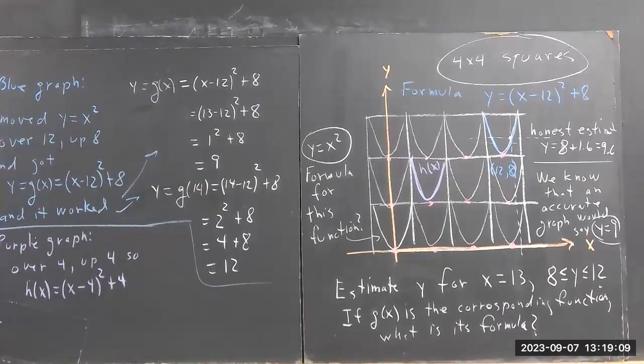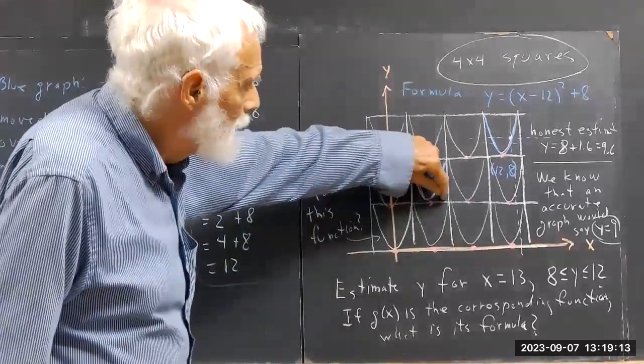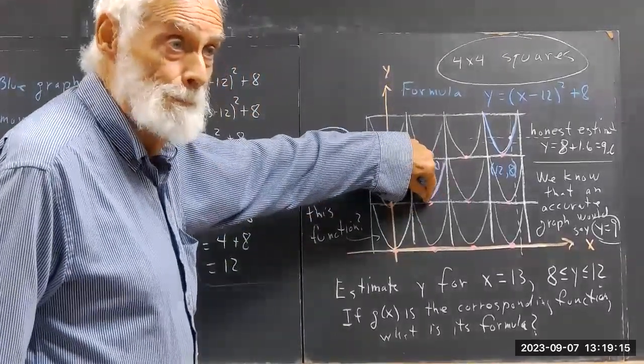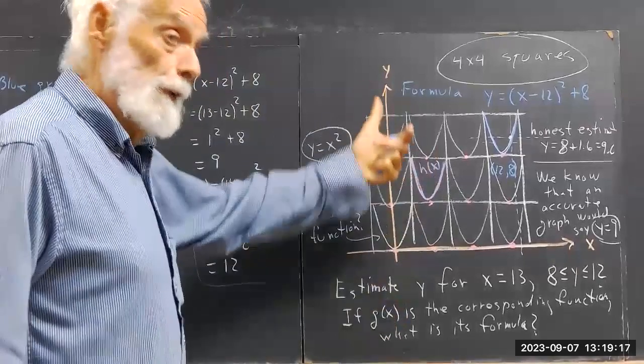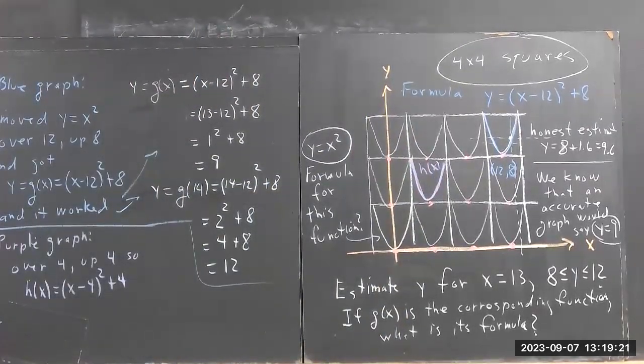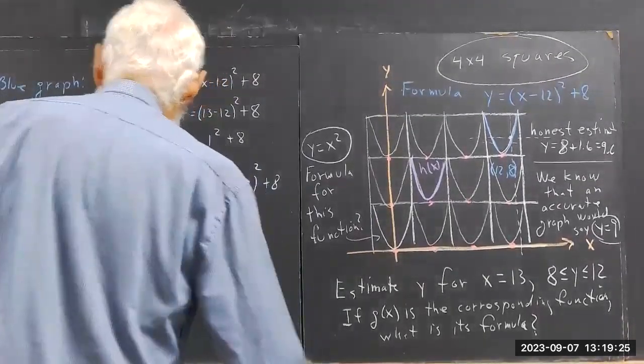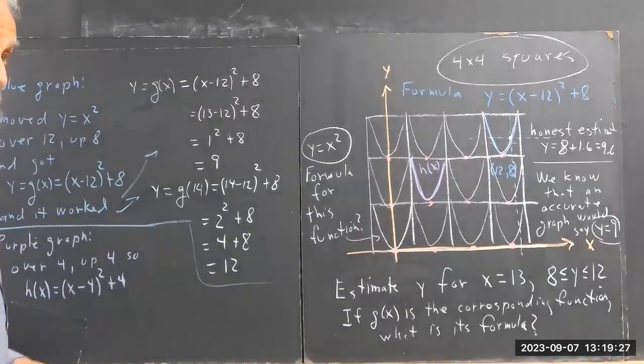Okay. You have to subtract 4 from the x value because that's going to tell you how you move the dot. You have to add 4 because everything's 4 units higher. Now here's a rule for any graph, for any function.